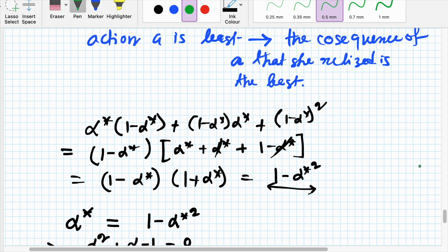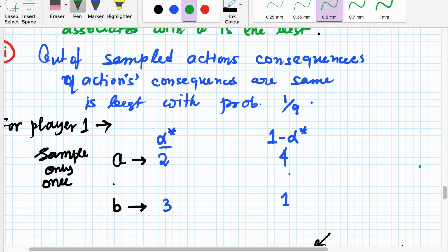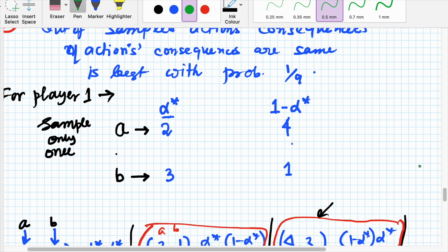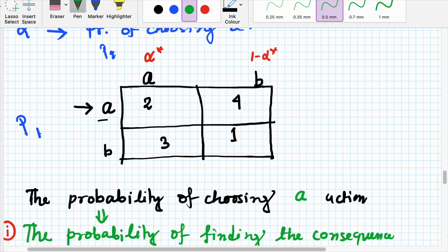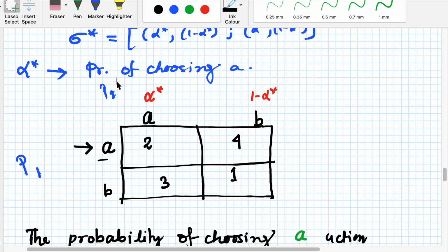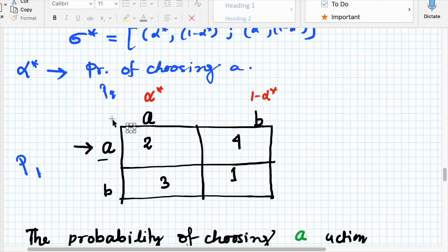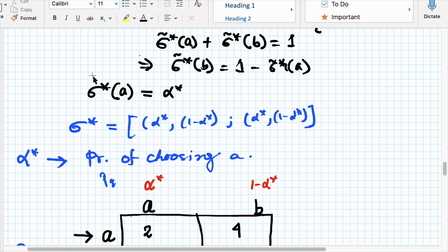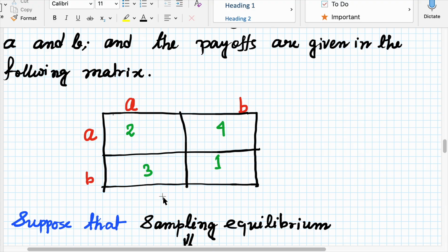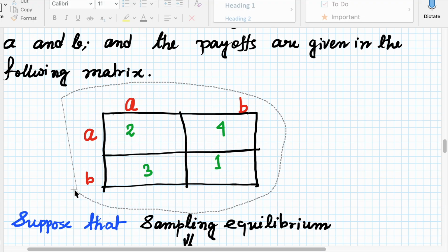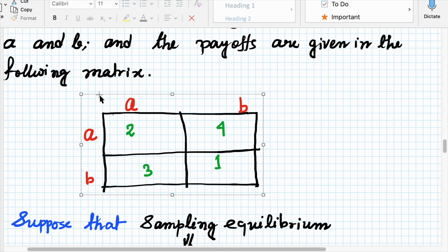Now if I want to calculate the Nash equilibrium corresponding to this, let us calculate that. Let me capture it again, so copy it again.